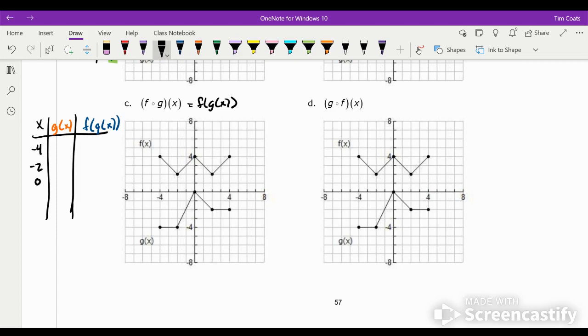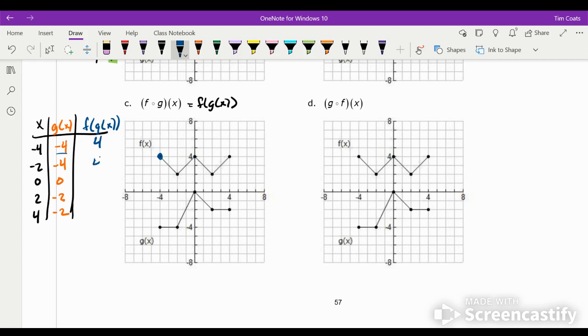So the x value stayed the same, because this is actually the same graph, and now we would look and we would say, okay, g of -4 was -4, -4, 0, -2, -2. Well, these new g of x values are what we're going to plug in to find f of x. So right here, I'm looking at -4, and that is going to help me find that f of g of x at that point is 4.